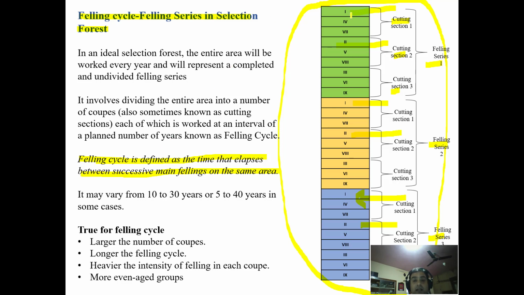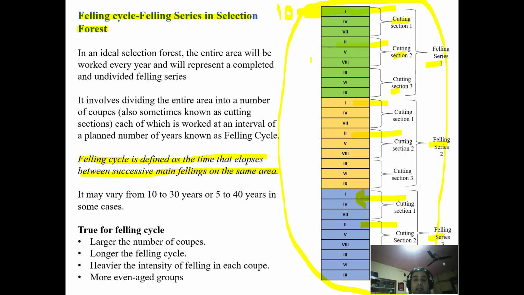Now once we have carried out felling in this Coop 1 here, by the time the crop grows again after felling, in 10 years, we will return to this area after a period of 10 years, after completing 1, 2, 3, 4, 5, 6, 7, 8, 9.